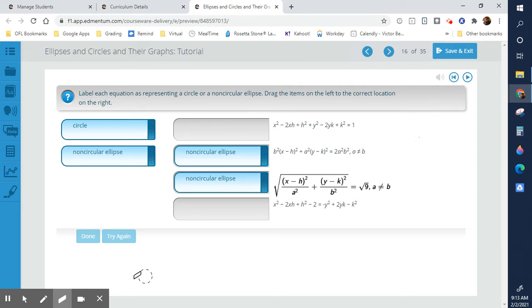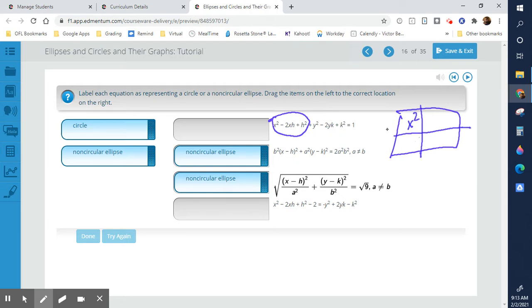So the fact that they're not equal means that this automatically has to be an ellipse. Now this one, it looks like you would think that this is a parabola, but in reality, you can factor this out. Like if I did a box method, I could technically factor this out.